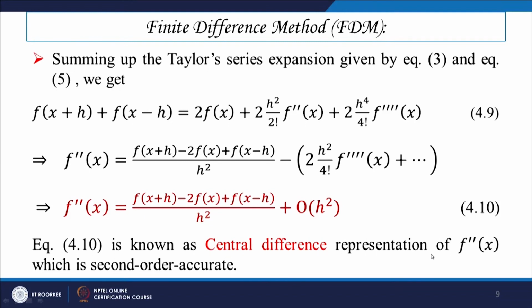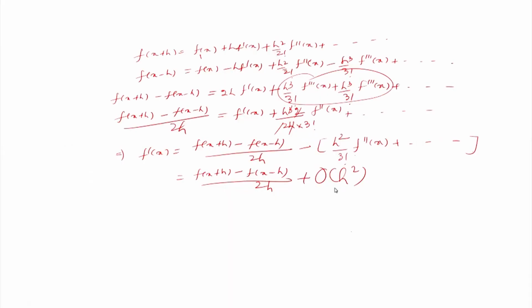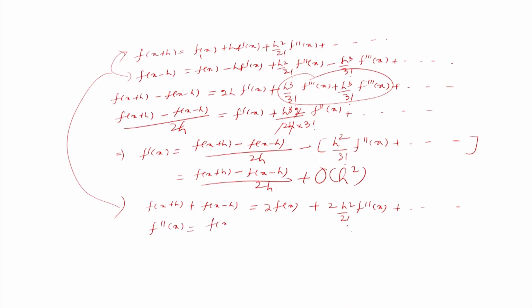If we sum up the Taylor series expansions given by equation 3 and equation 5, f(x+h) and f(x-h), we can write f(x+h) + f(x-h) as 2f(x) + (2h²/2!) f''(x) + all other terms. So f''(x) can be written as [f(x+h) + f(x-h) - 2f(x)]/h², minus the third order terms, which cancel out, leaving h⁴ and other higher terms, all divided by h².